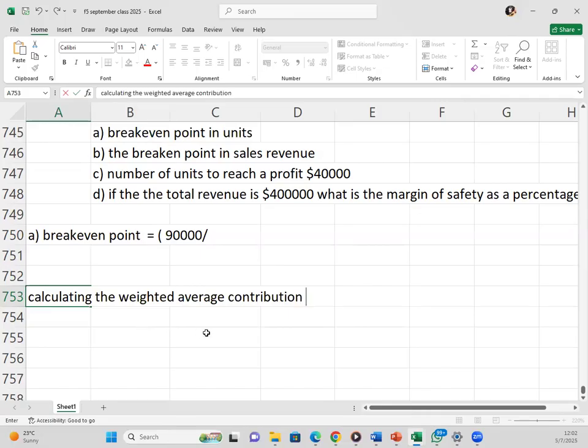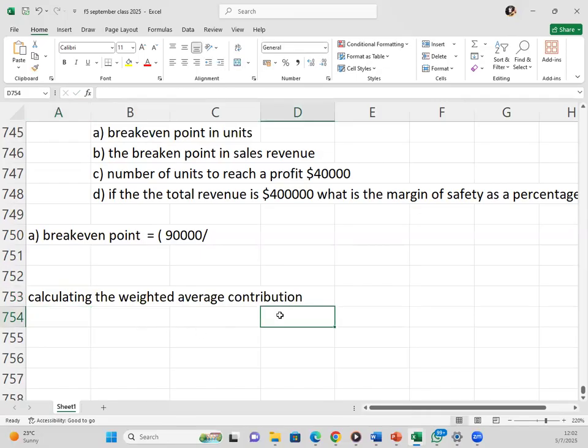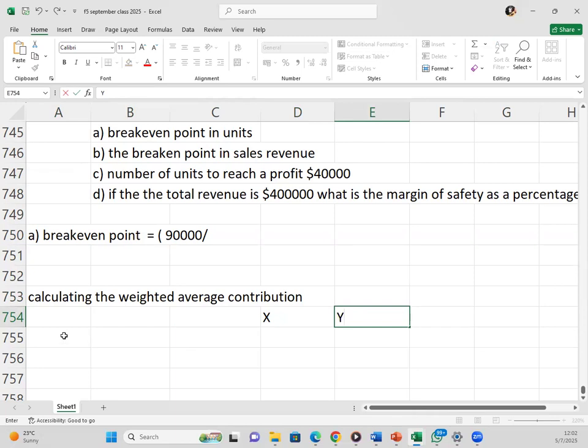We're going to consider we have product X and product Y.